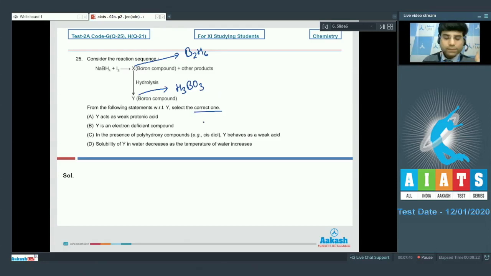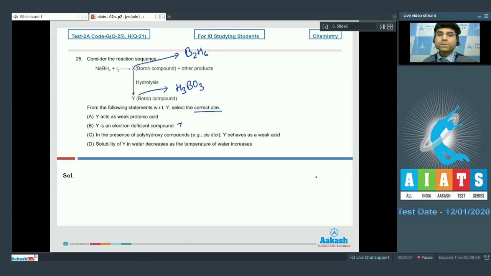This statement is wrong. It is not a protic acid. It is a non-protic acid. B says Y is an electron deficient compound. This is correct. H3BO3 is an electron deficient acid. So this statement is true. C says in the presence of polyhydroxy compounds, for example cis-diol, Y behaves as a weak acid.